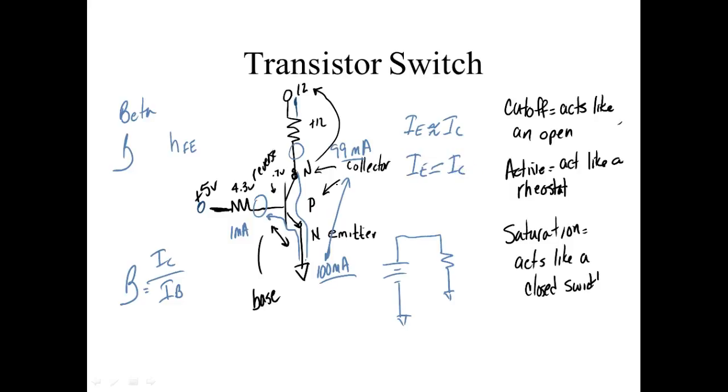So if I could measure the collector current and measure the base current, then I would say, okay, the beta is equal to 100 milliamps divided by 1 milliamp. The milli is going to cancel, so the beta would be 100, and that has no unit. So it is a gain, right? A gain has no unit. It's a multiplier.